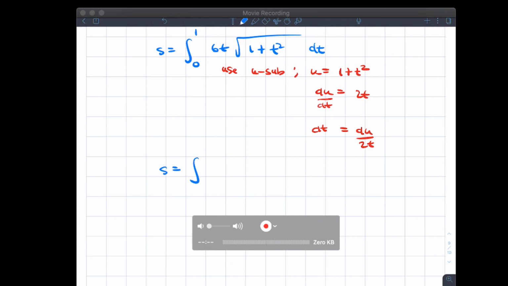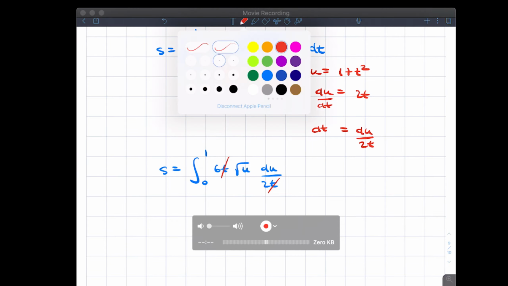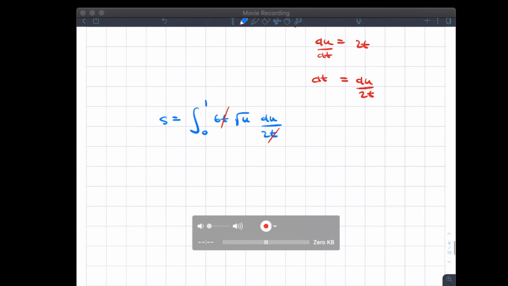So this arc length goes from 0 to 1, 6t, square root of u, du over 2t. You guys know the details here. The t's cancel, and you end up with a nice constant of 3, and you integrate from 0 to 1 the square root of u du.